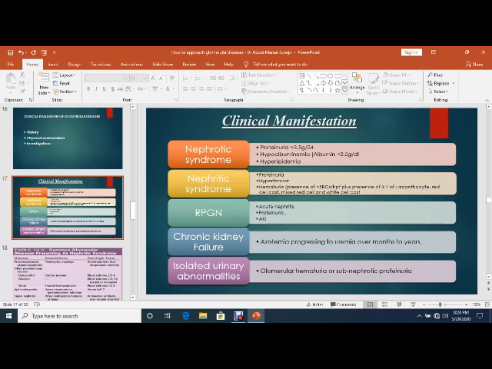These patients usually present with hypertension, and hematuria is also present in nephritic syndrome. Others present as rapidly progressive GN, RPGN, acute nephritis, proteinuria or acute kidney injury. In CKD, they can present with azotemia progressing to uremia over months to years, sometimes with isolated urinary abnormalities, glomerular hematuria or subnephrotic proteinuria.